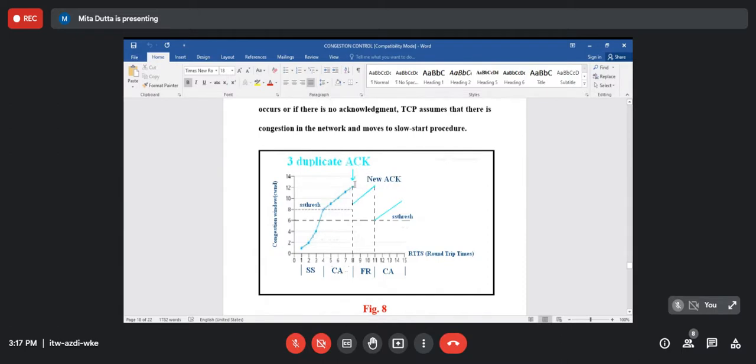Now at this instant of time, when the window size is 12, we are getting 3 duplicate ACKs.